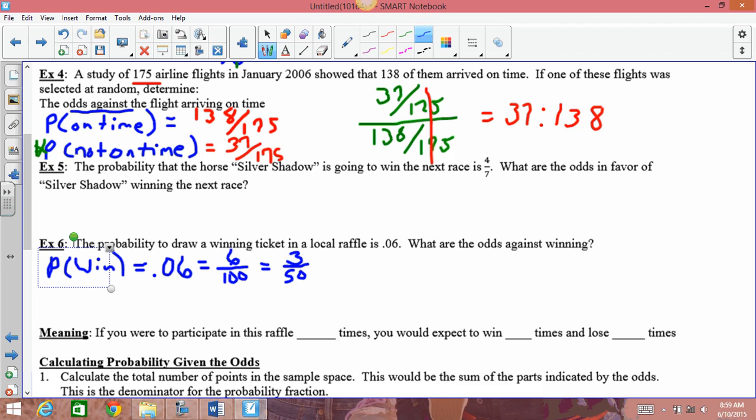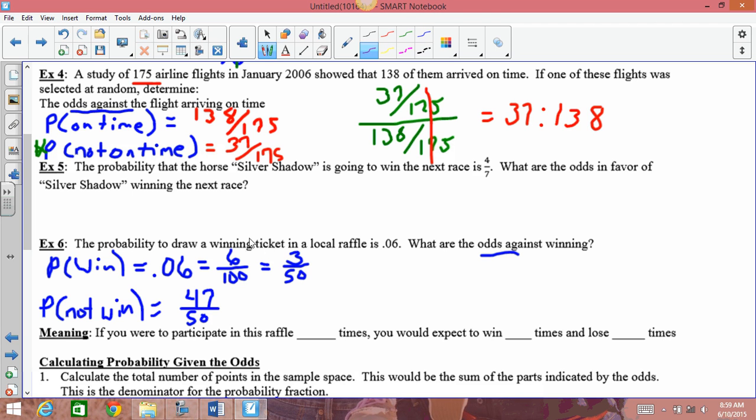So the probability of me winning would be 3 out of 50. Since I'm trying to find odds, I need the probability that I don't win. So the probability of not winning. Well, if it's 3 out of 50 that I would win, then it's still going to be 50 on the bottom. If I've got 3 chances of winning out of 50, then I have 47 chances of not winning out of the 50, and that couldn't be reduced.